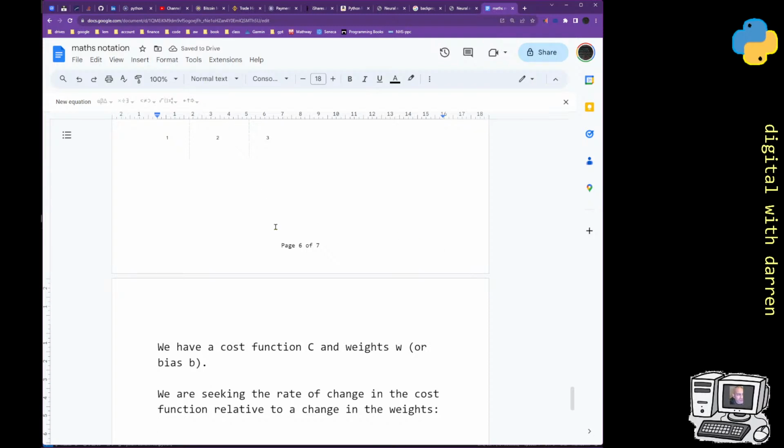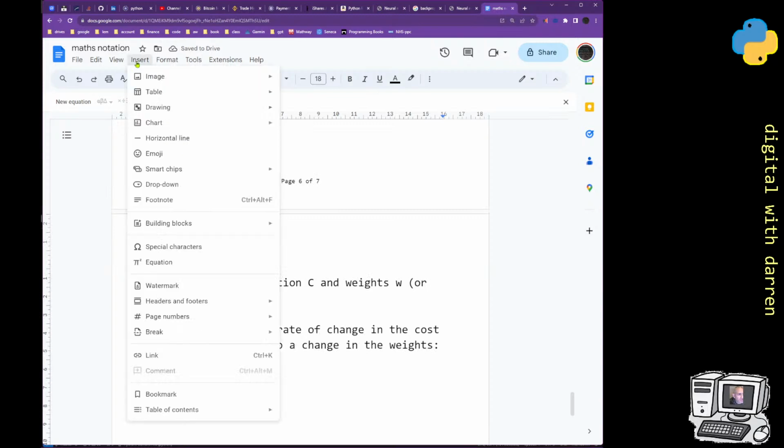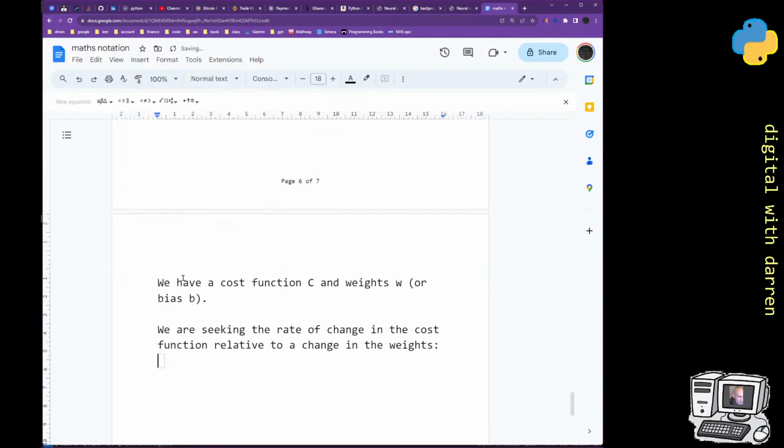So if I insert a new equation there, let's just get this quite simply. We're looking for the change in the cost function, so delta C over a small increment in the weight, so dC by dW, something like that. I wonder if I've got a partial symbol. Not at this point.